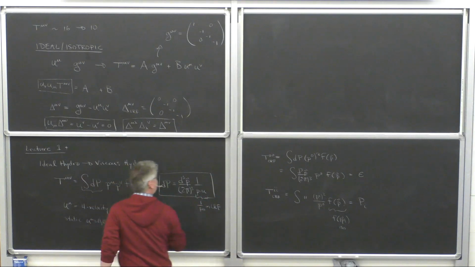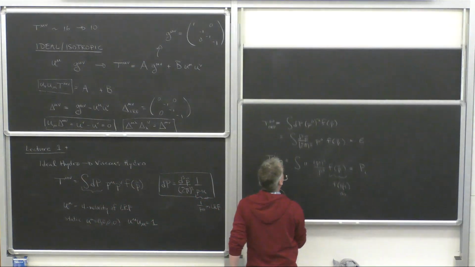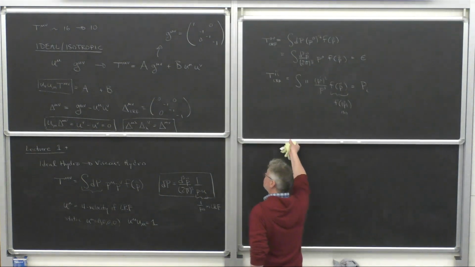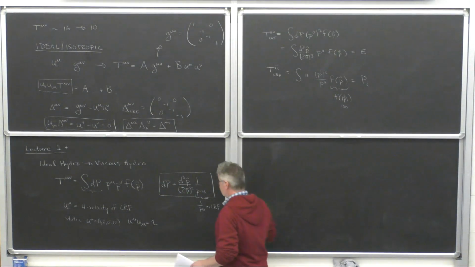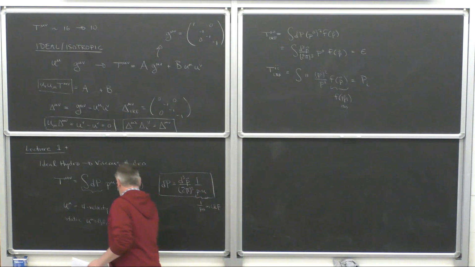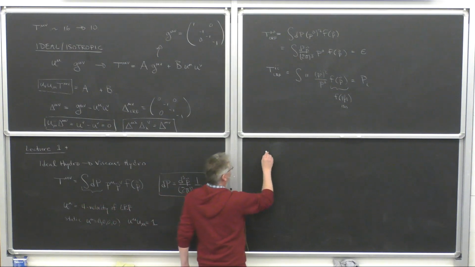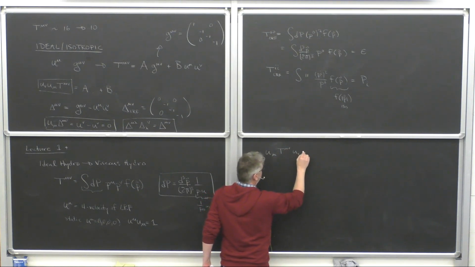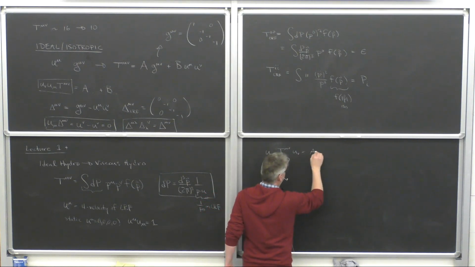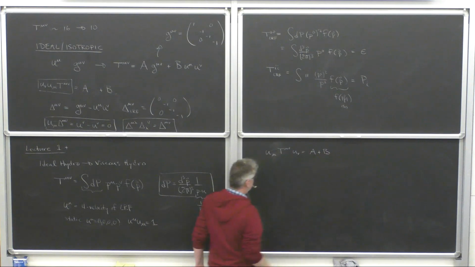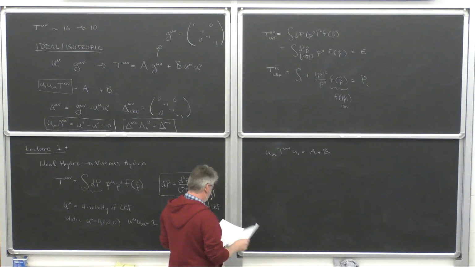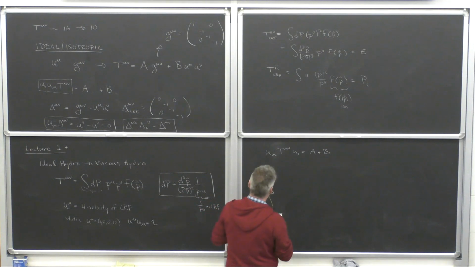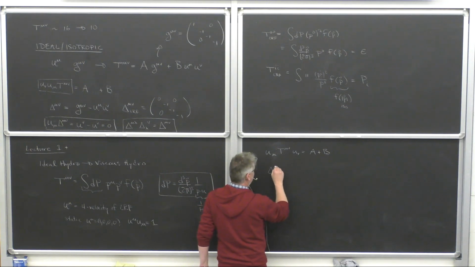I'm not used to this flying board thing. So we established one equation already, which was that u mu T mu nu u nu was equal to A plus B. And now what I'm going to do is project in the following way.